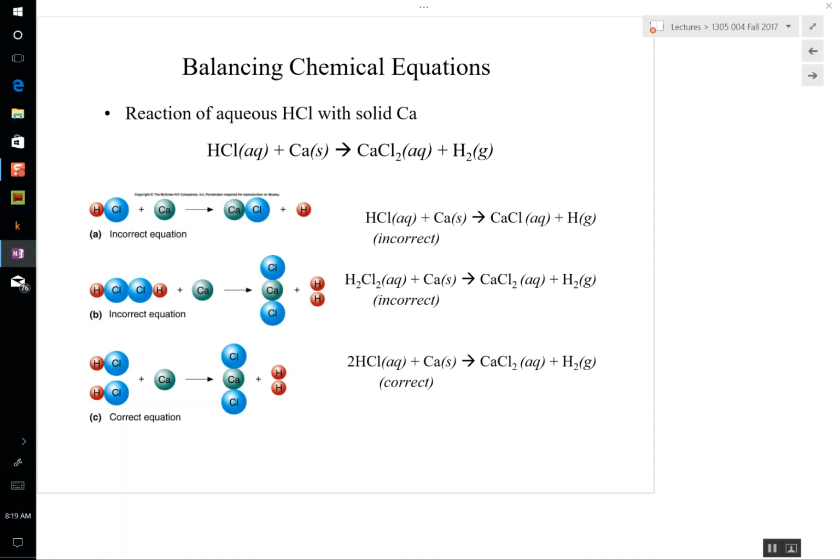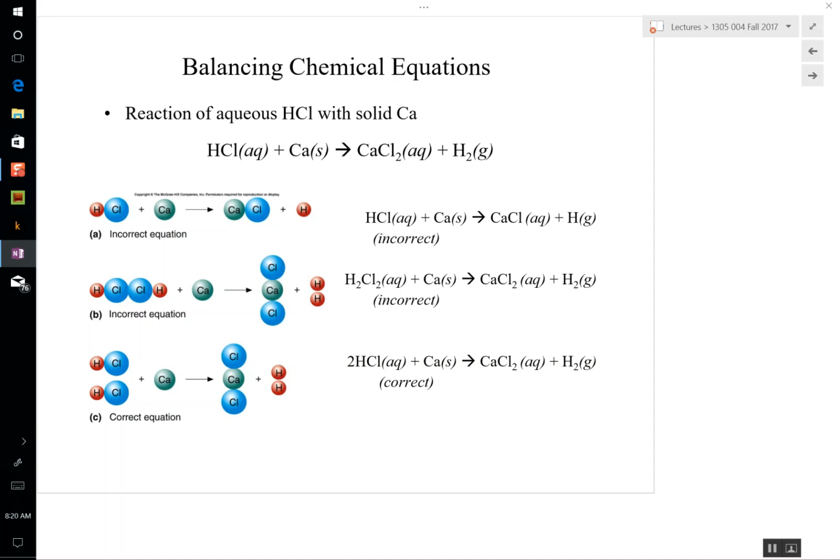On the mole basis, 2 moles of HCl, that would be 2 times Avogadro's number of these, would react with the Avogadro number of these to form the Avogadro number of these and those. It would equal out. So whether we do it at the molecular level or the mole level, 2 moles of this reacts with 1 mole of that to produce 1 mole of this and 1 mole of that.